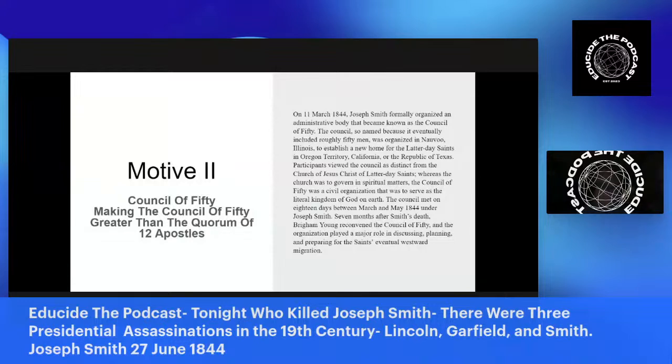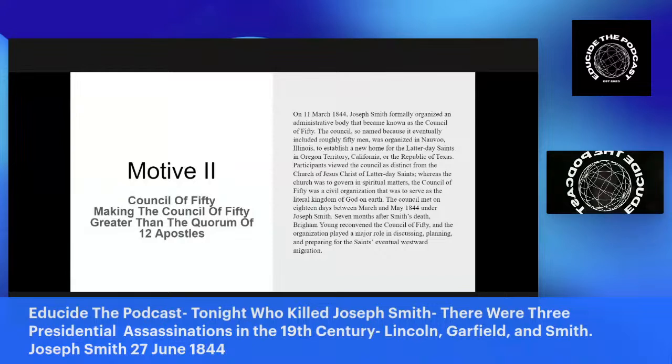They were organized in Nauvoo, Illinois to establish a new home for Latter-day Saints in the Oregon Territory, California, or the Republic of Texas. Participants viewed the council as distinct from the Church of Jesus Christ of Latter-day Saints. Whereas the church governed spiritual matters, the Council of 50 was a civil organization that was going to serve the literal kingdom of God on earth.